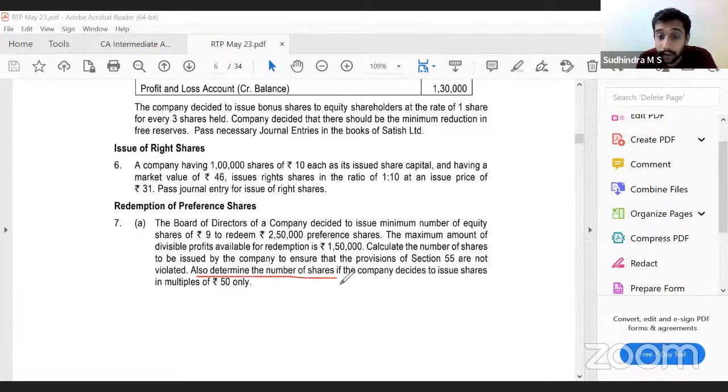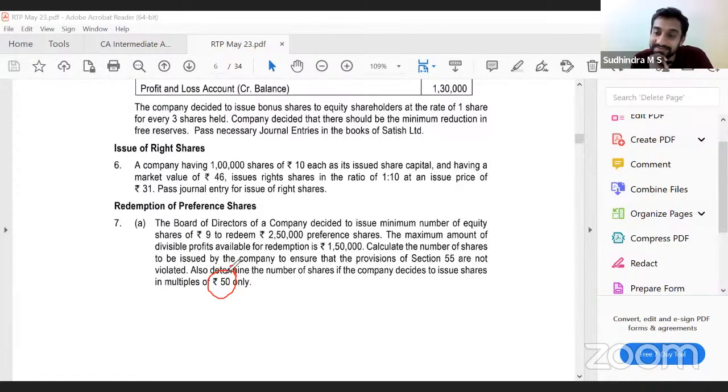Also determine the number of shares if the company decides to issue shares in multiples of ₹50 only. 11,100 or 11,150? Both are wrong. They are not telling in multiples of 50 shares only. They are telling in multiples of ₹50 only.